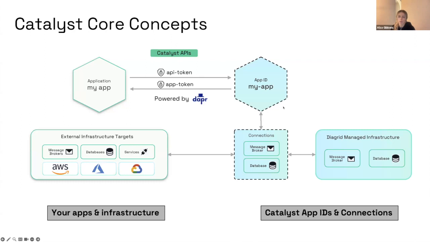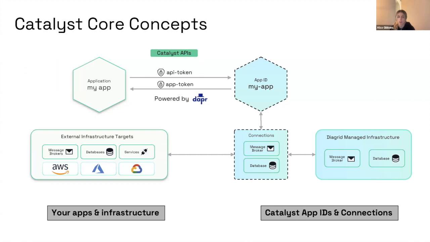And then I have this idea of an application identity. An app identity is essentially like a device twin or a service twin that you create within Catalyst to allow you to have a centralized identity idea that you can add resiliency, observability and security features on top of.